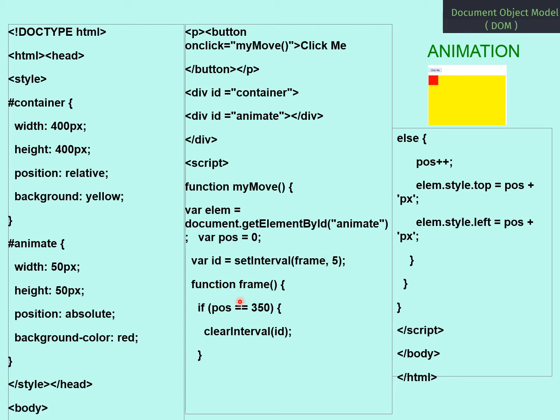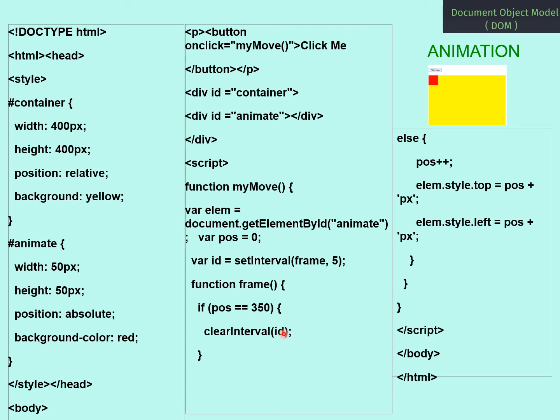Function frame: if position is equal to 350, clearInterval id. So here what happens is, if we are increasing the position and the position value reaches a particular value, 350, we have to clear the interval id.